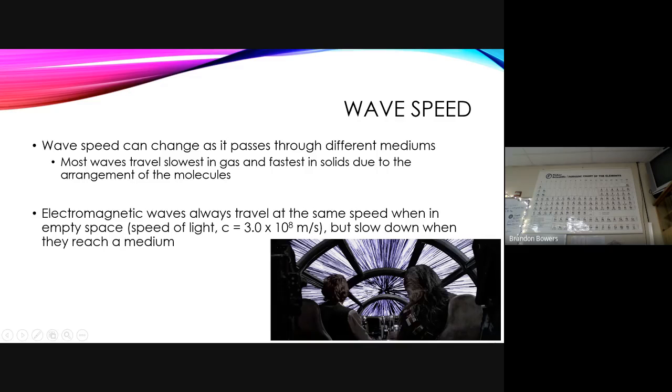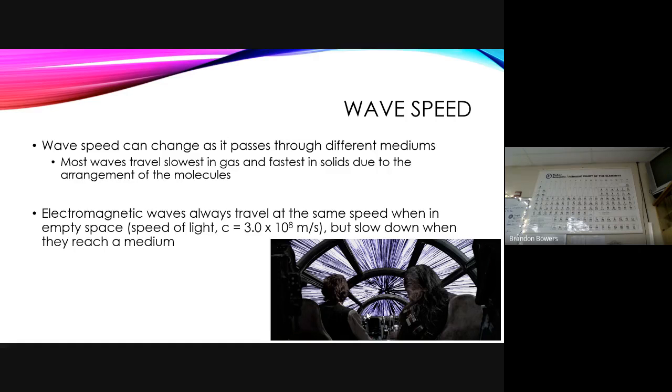Now, one thing we're going to be talking about a little bit today, and a lot of next week, is electromagnetic waves. There's 7 types of electromagnetic waves, and they all travel at the same speed, and that speed is the speed of light. Big number. You will eventually have to know this number.